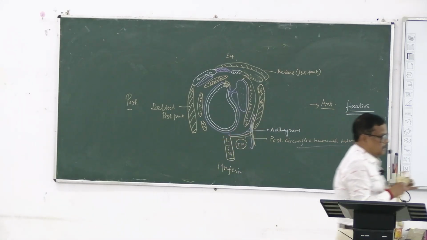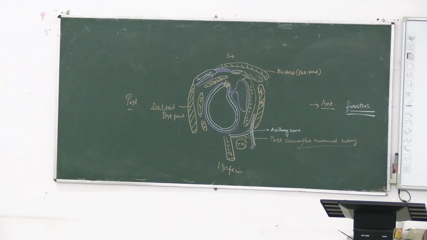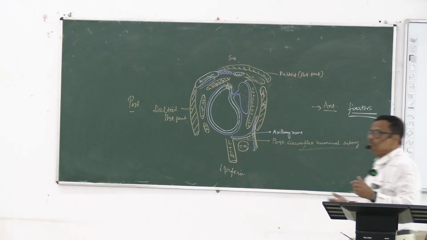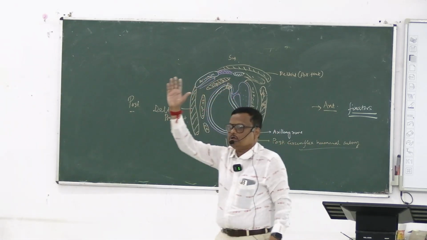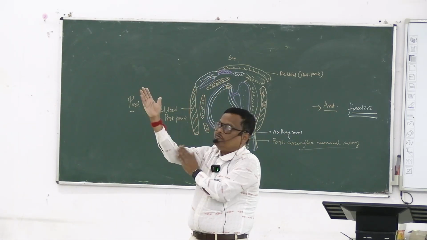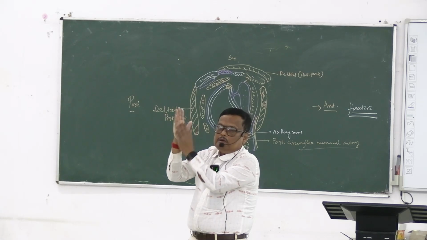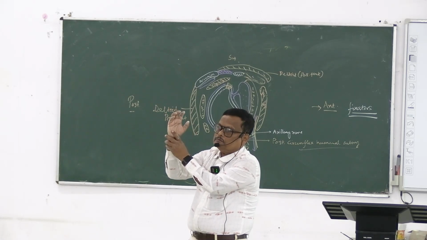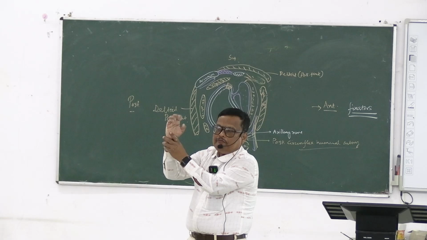Next is the synergist. What is a synergist? A very good example is this, try it yourselves. This is the flexor digitorum superficialis and flexor digitorum profundus, causing the flexion.